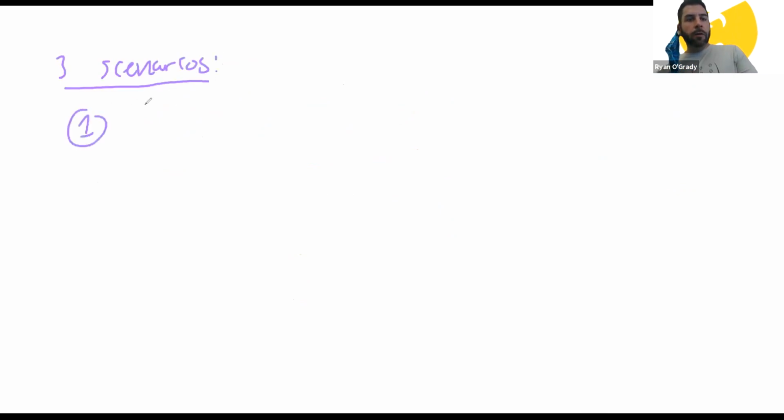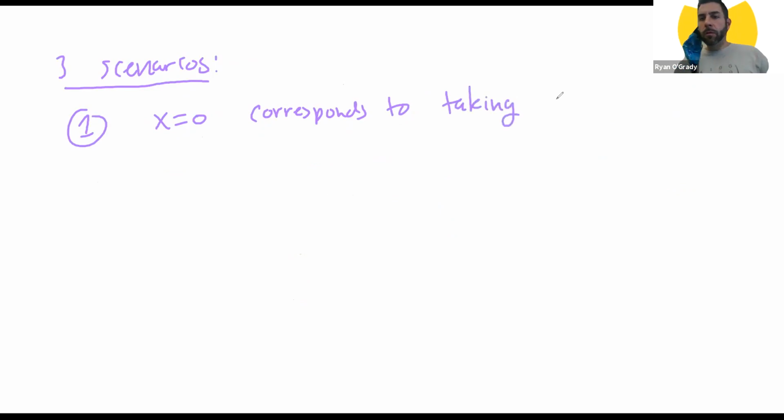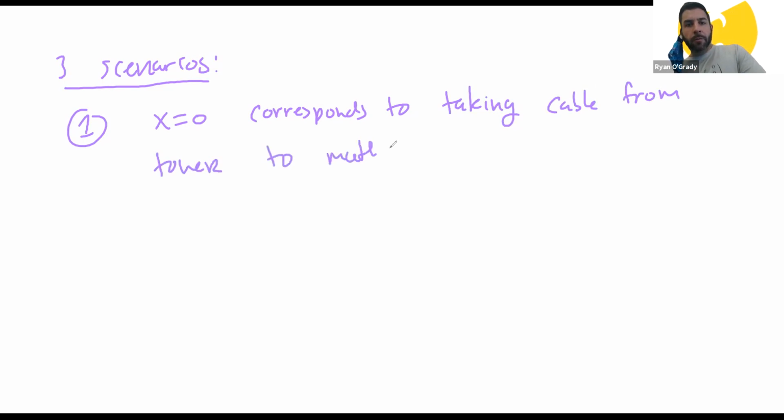The first one is x equals 0, and this corresponds to taking cable from the tower to Math City, then north to the island.